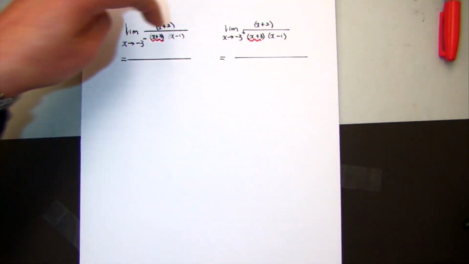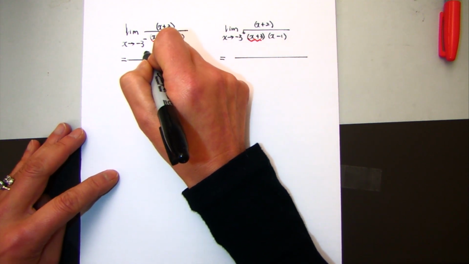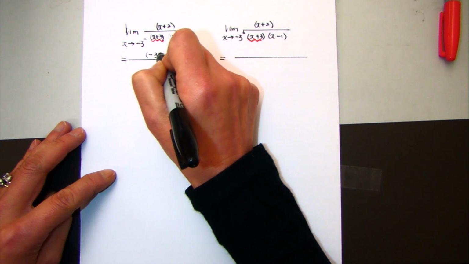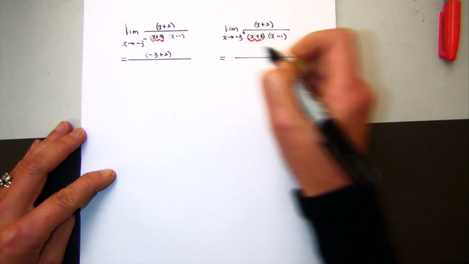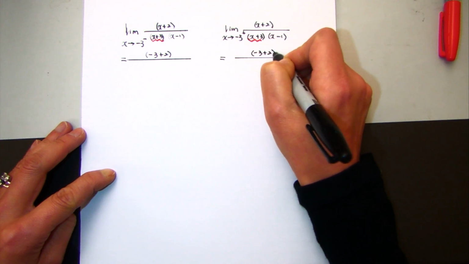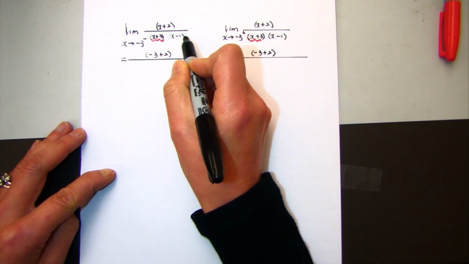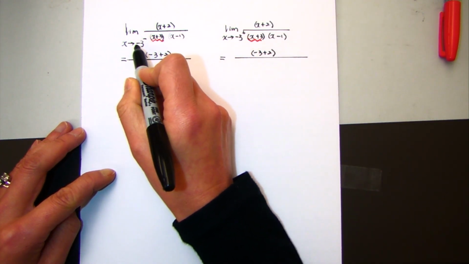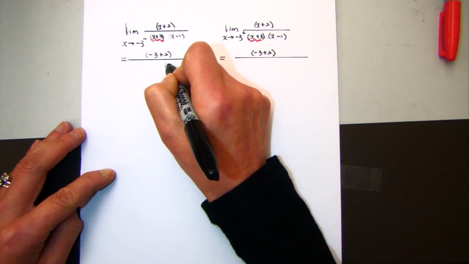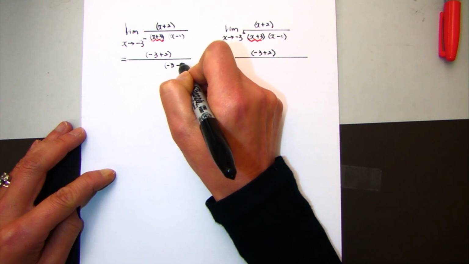Okay, all right, so numerator: x approaches negative 3 and didn't come from that factor, so I just use the whole number. Okay, look at the parentheses x minus 1. Our vertical asymptote didn't come from that factor, so same, just use the whole number.